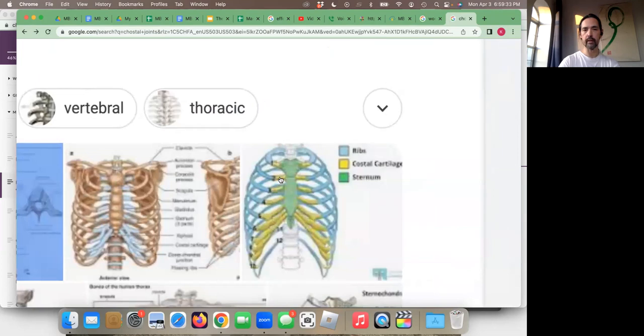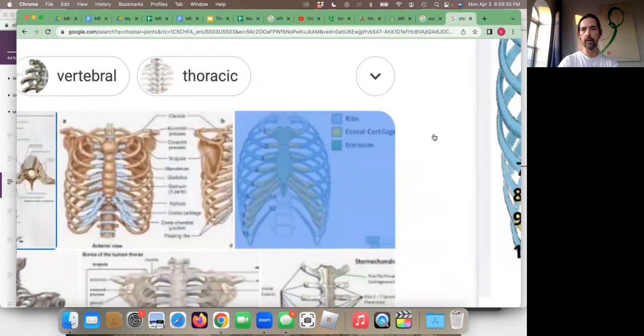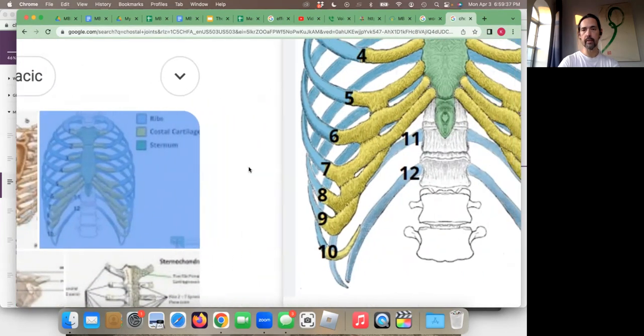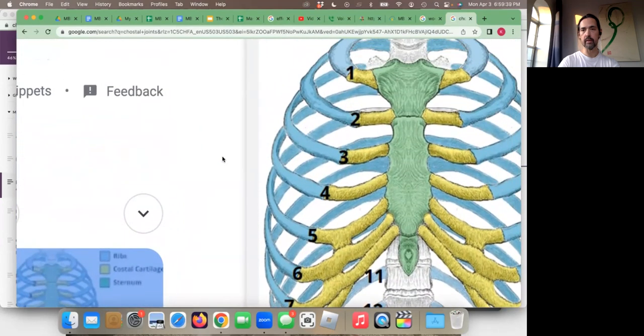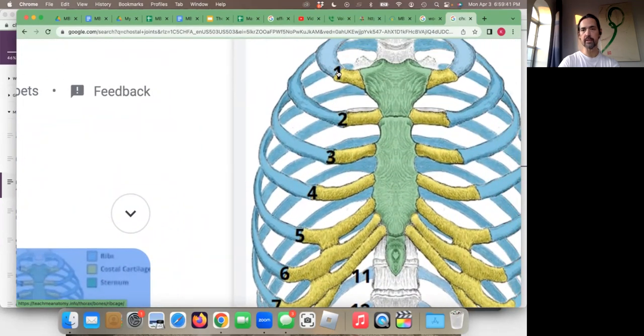If we look at any of the ribs, where the ribs attach to the costal cartilage and where the costal cartilage attaches to the sternum, here's the manubrium on top, here's the sternum in the middle, and then the xiphoid process on the bottom. We think of the whole thing as the sternum.